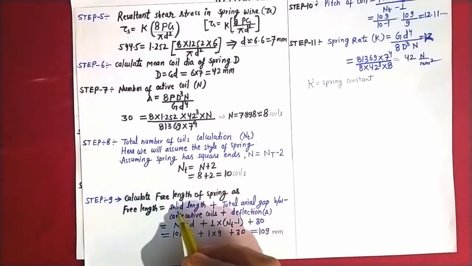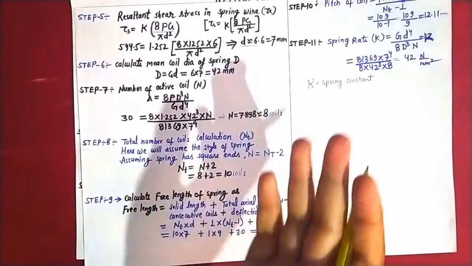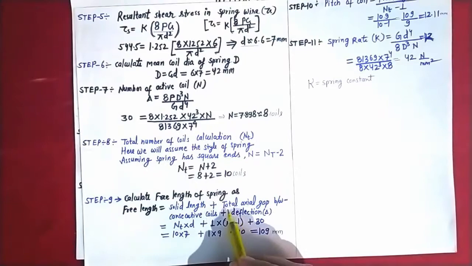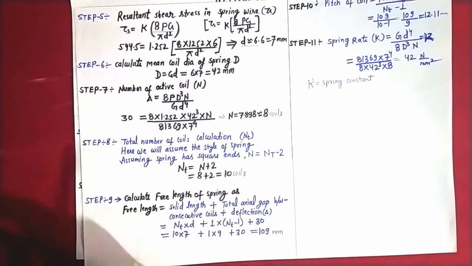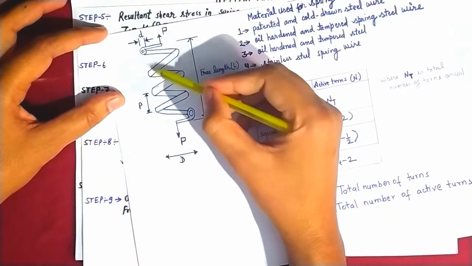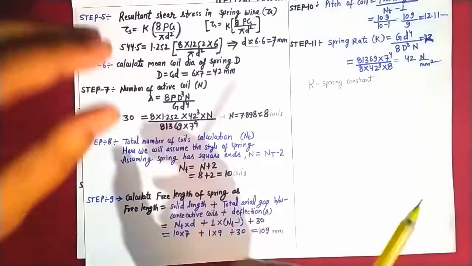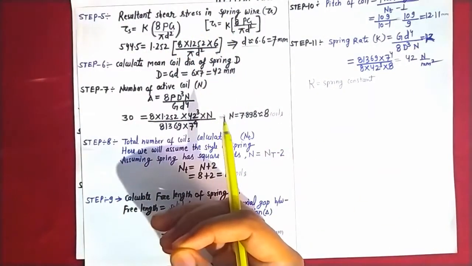Free length is given as the sum of the solid length, that is when there is no gap between the spring wires and the spring is fully compressed, plus the total axial gap between the consecutive coils, plus the deflection delta, that is the deflection of the spring because of a force acting on the spring.